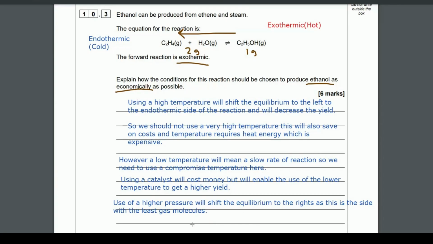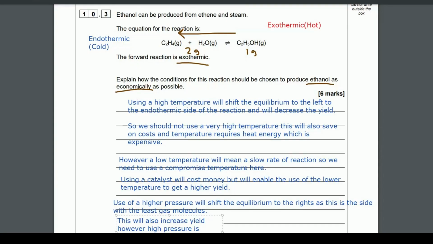Again, however, we need to make a little compromise. However, high pressure is dangerous, as it could lead to explosions.